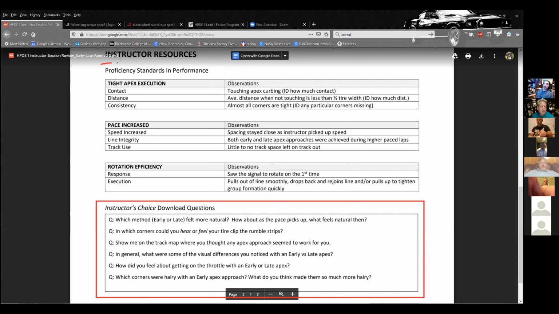This is all about instructor resources, right? The whole session evaluation sheet from your end is: what are the resources that I have to assist my drivers? I have a little bit of information about what they heard in the classroom. We went through this drill, and I know how to support that drill when we come off track, both during the upload as well as when we come off track.